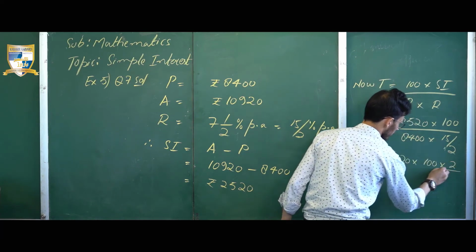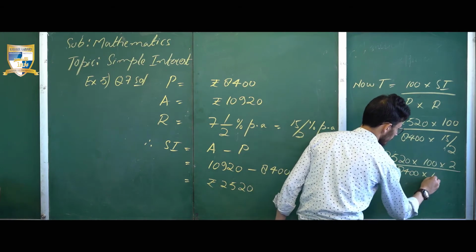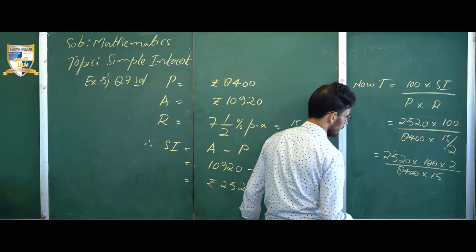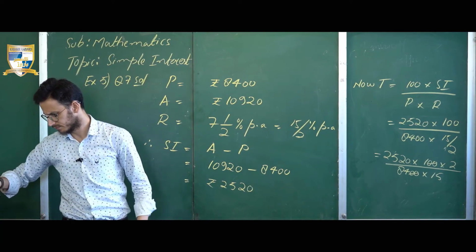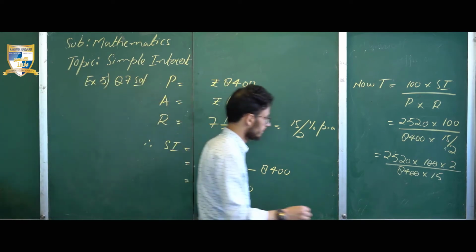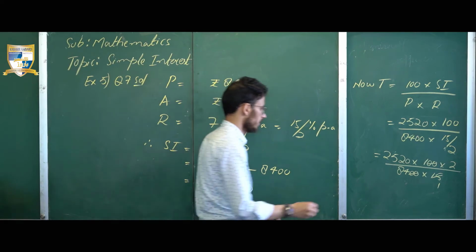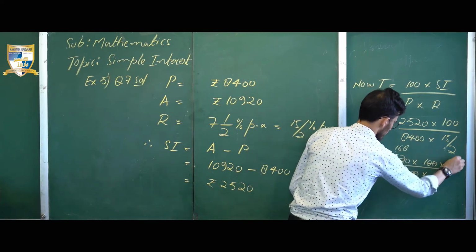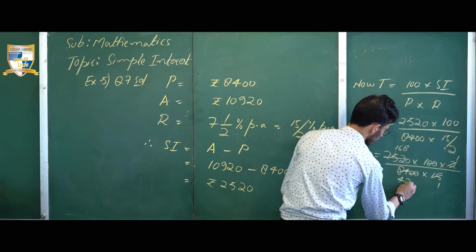it will be 8400 upon 15. After calculating these, you will get your answer, which is equivalent to 15,168. 15,168, and this is equivalent to 1 or 2, 2 4 or 8, 2 2 or 4.